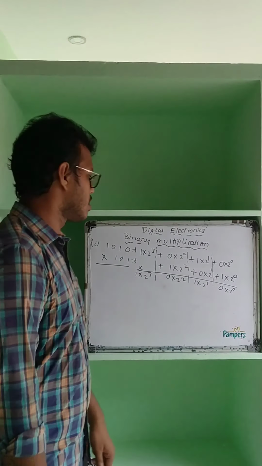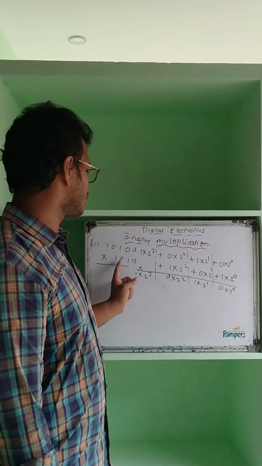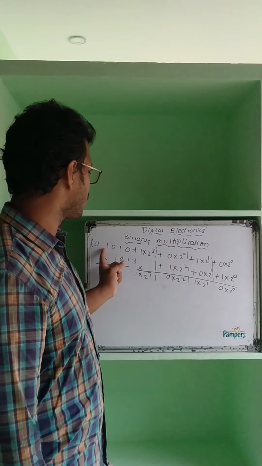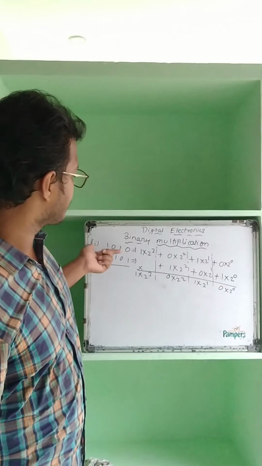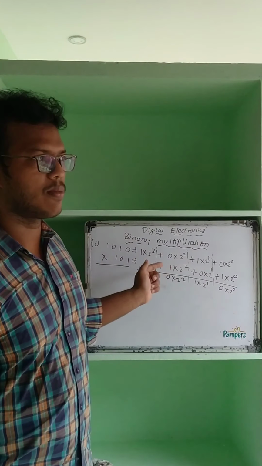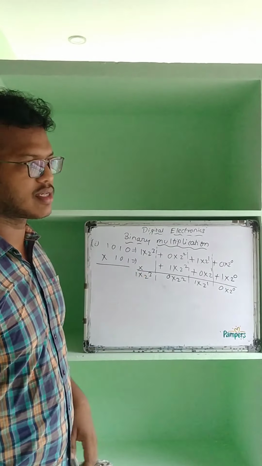Now we have to multiply this whole binary number by the 0 digit.